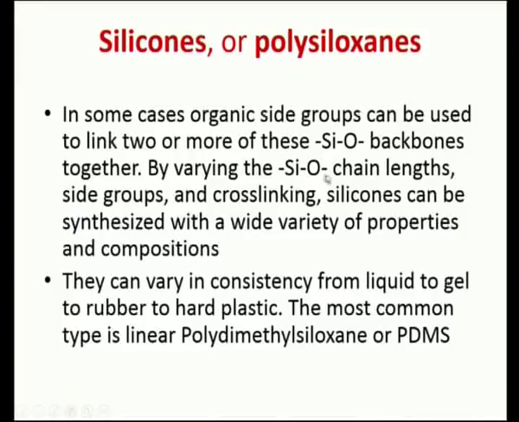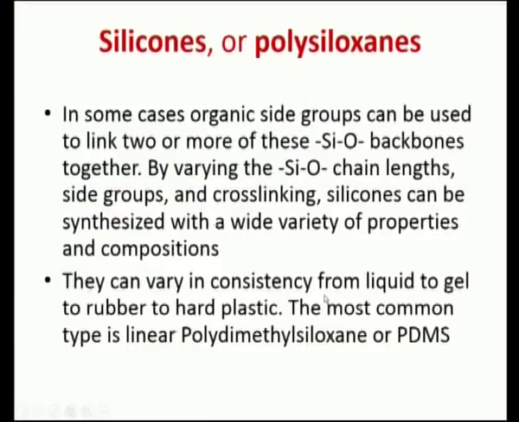By varying the SiO chain length, side groups and cross linking, silicones can be synthesized with a wide variety of properties and compositions. So, you can change the side groups, like silicon attached to either methyl, ethyl, butyl, whatever may be. If you change the organic side group, it will give different properties. So, based on the property you can prepare many elastomeric materials.